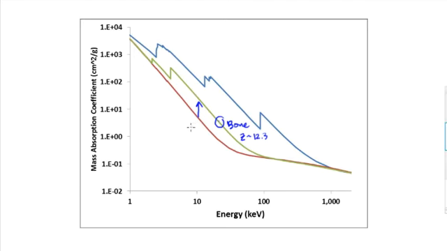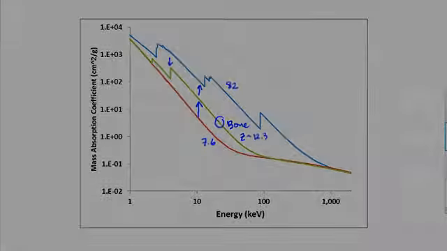The effective Z of muscle is 7.6, the effective Z of bone is 12, and the Z of lead is 82. So there's that scaling going up with Z, but this 1 over E cubed is still in effect. Also, on the bone you can see some K shell or L shell edges, and those are from the calcium in the bone.